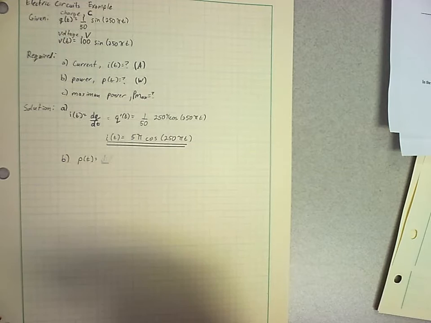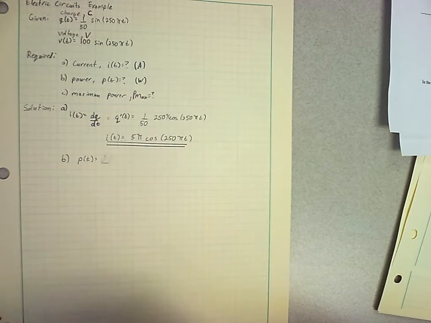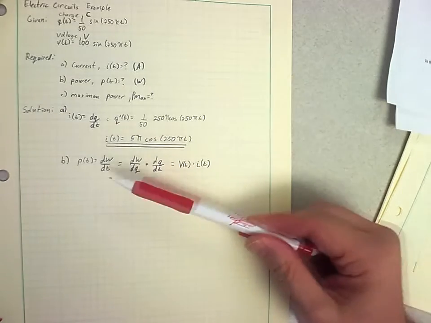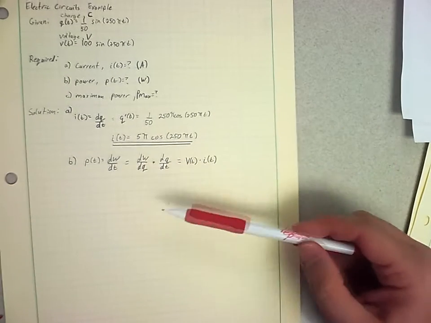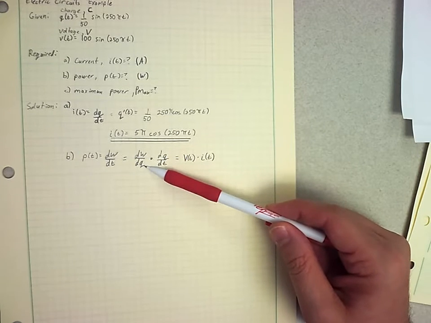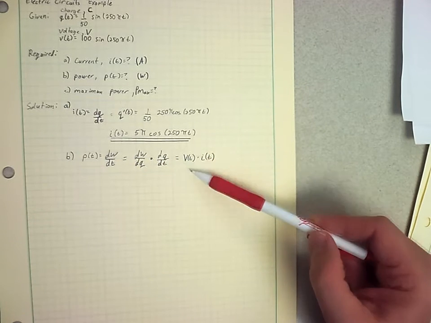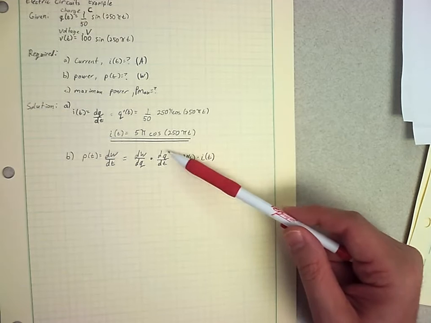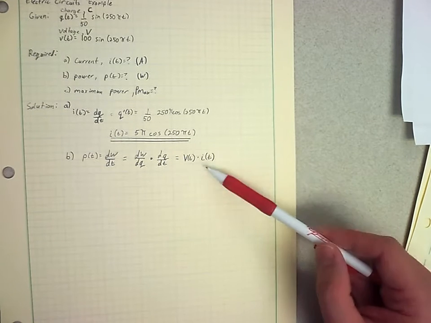P of t, again, from previous work, remember these expressions. Power is the derivative of work with respect to time, and then we could break that down into the derivative of work with respect to charge, which is voltage, times the derivative of charge with respect to time, which is current.